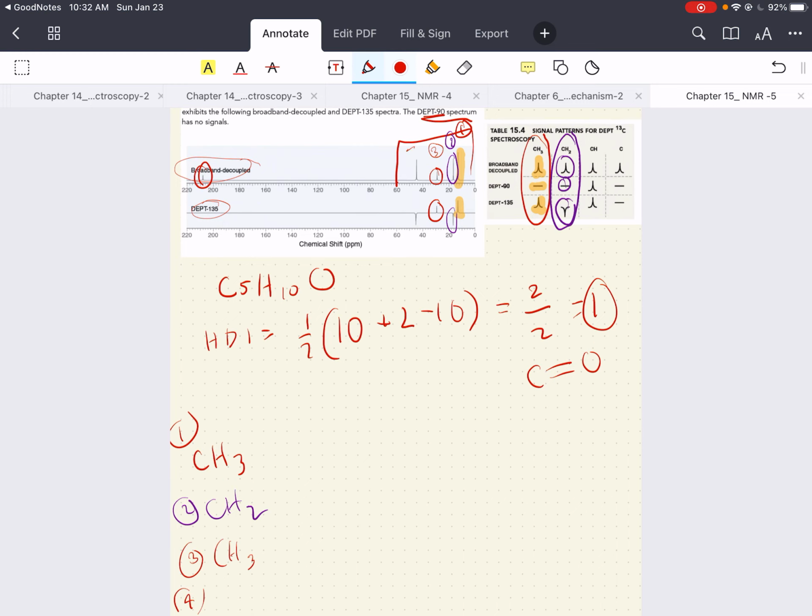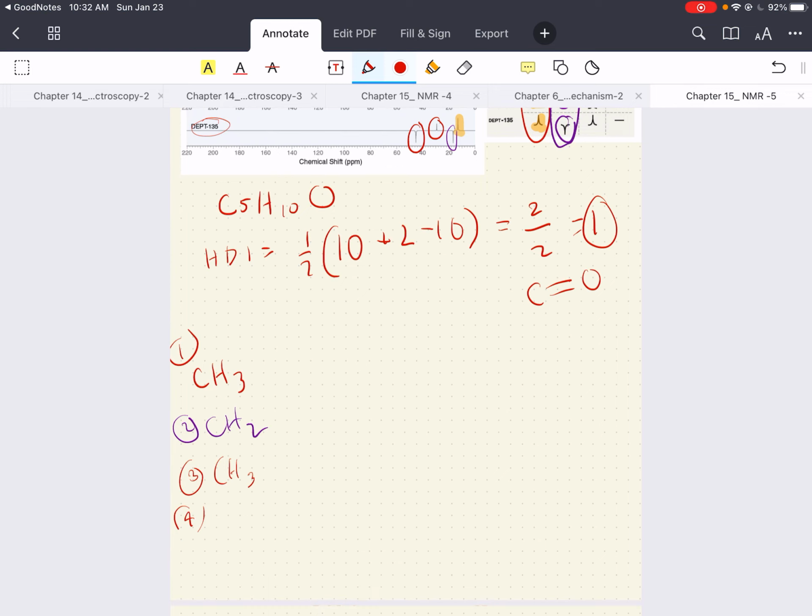For our fourth signal, we have a positive peak for broadband decoupled, nothing for DEPT-90, and a negative peak again for DEPT-135, so we have another CH2 group.